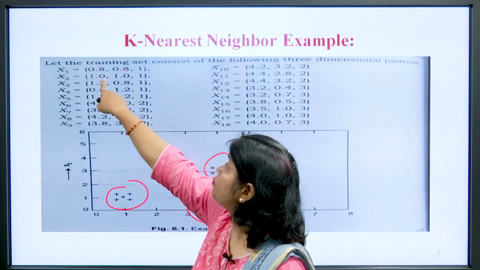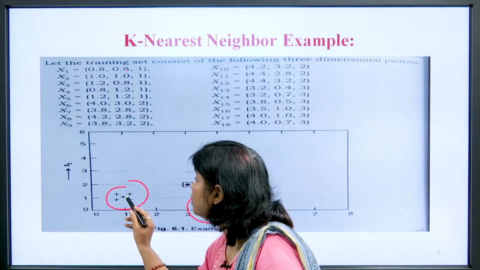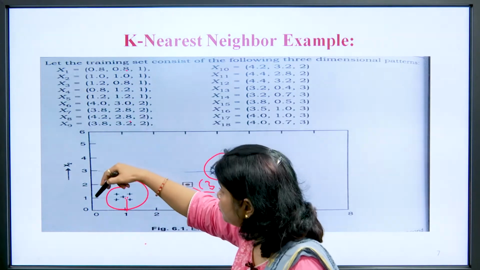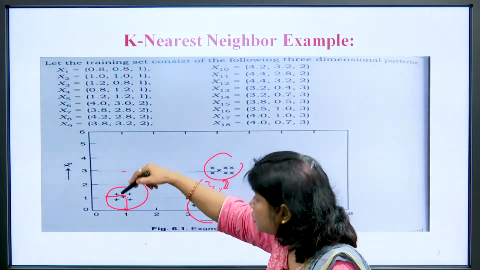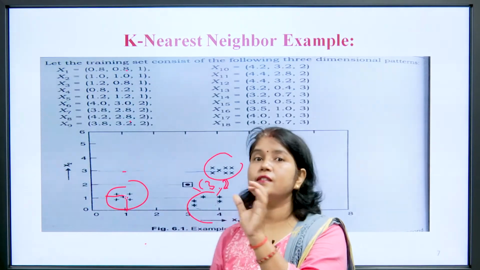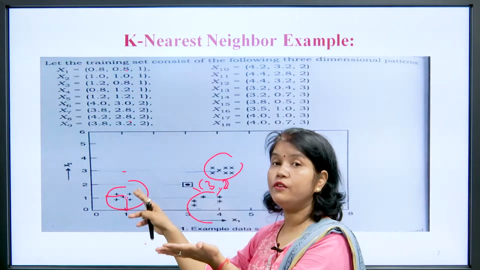Next data is 1.0 and 1.0, so this is the 1.0 point in x and here also 1.0. So, you will find the coordinates of all points that lie under one category, for each data point.